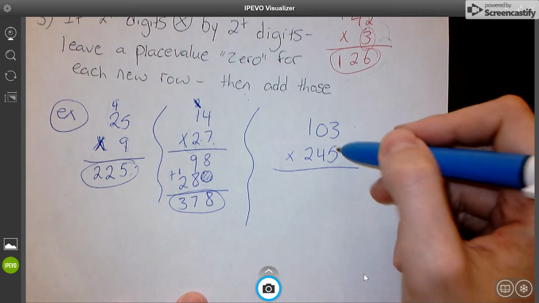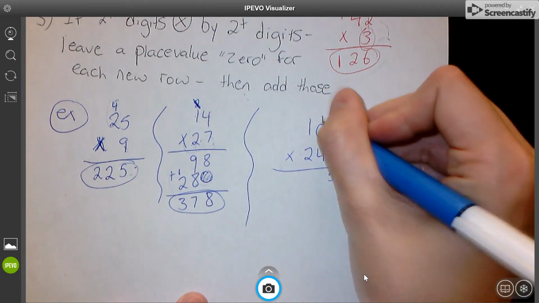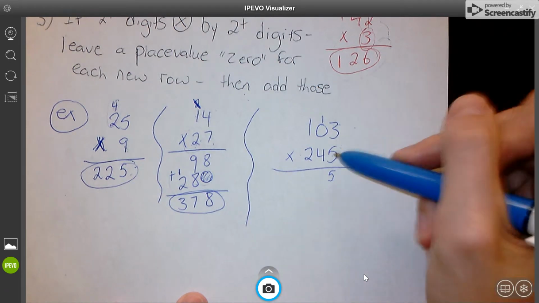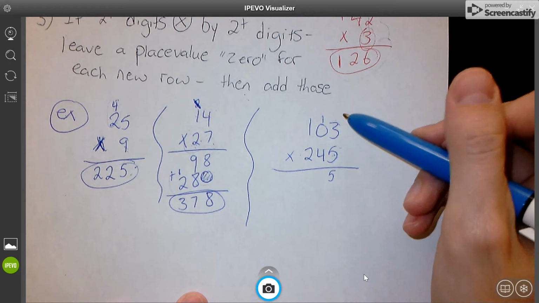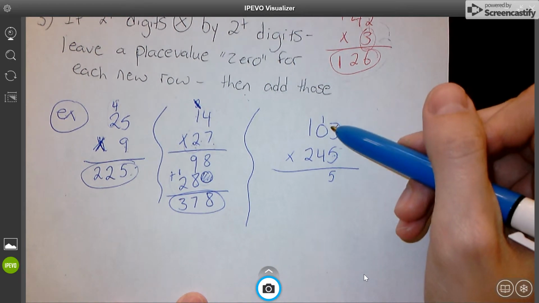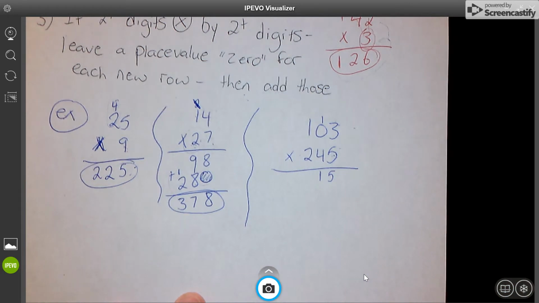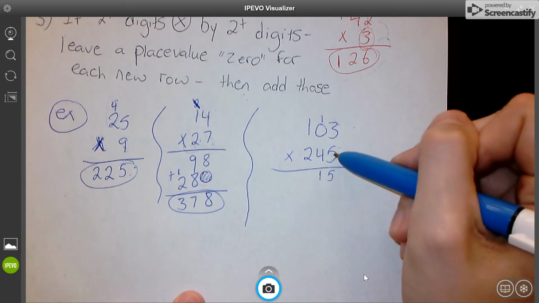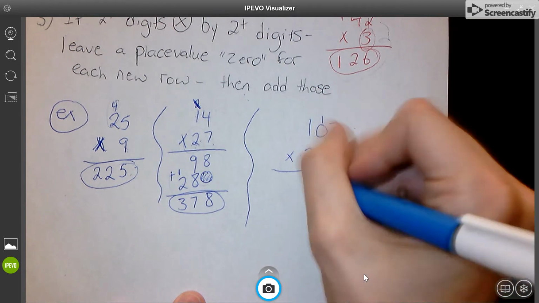Start with 5. 5 times 3, that's 15. 5 stays, 1 carries. 5 times 0, please remember everything times 0 is 0. But I've added 1. So I add my 1. 5 times 1, anything times 1 is the other number. So 5 times 1 is 5.